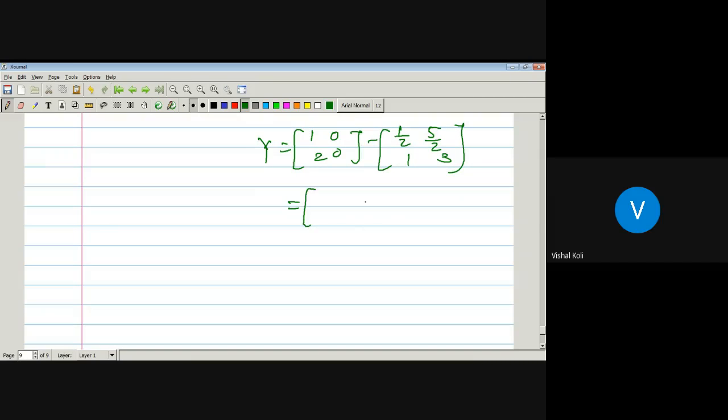So this equals 1 minus 1 by 2, which is one half, 0 minus 5 by 2, which is minus 5 by 2, 2 minus 1, which is 1, and 0 minus 3, which is minus 3. So this will be the matrix Y. In this way we can find out the matrices X and Y.